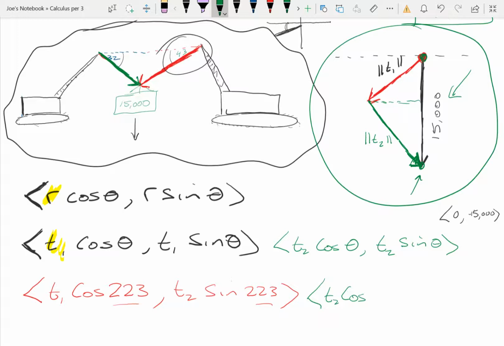We'll call it 32 degrees below the horizon. Some people might say negative 32, which would make it 328 degrees. But to keep it easy, I'm going with negative 32. It's coterminal, so it doesn't matter what you do. And then I'm going to do T2, the tension in 2 times the sine of negative 32.